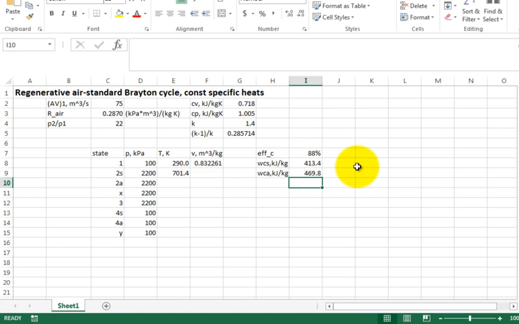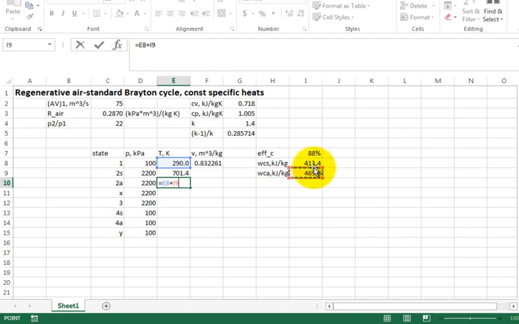Does that make sense? So now I can say that's the inlet temperature plus that work actually going into the working fluid, but I have to divide by the specific heat because I'm interested in a change in temperature. And there you go.